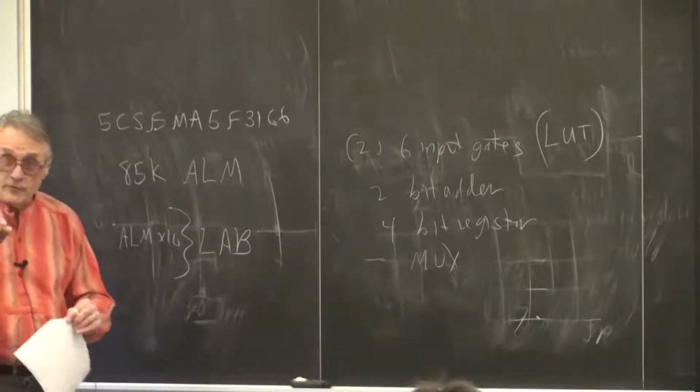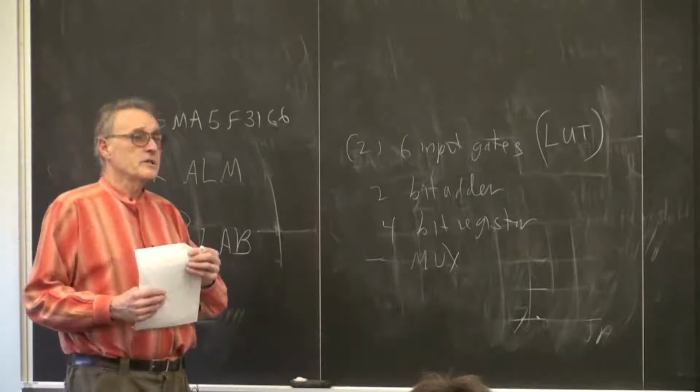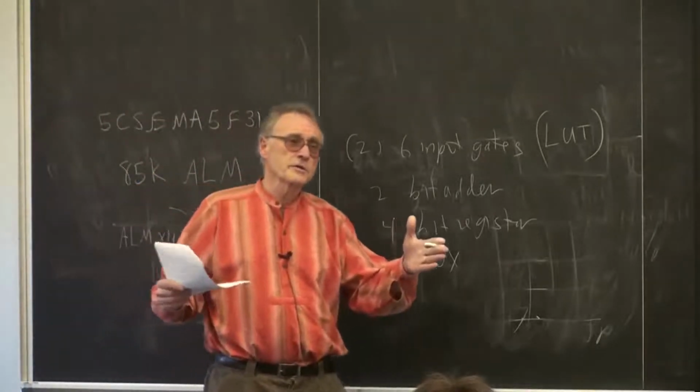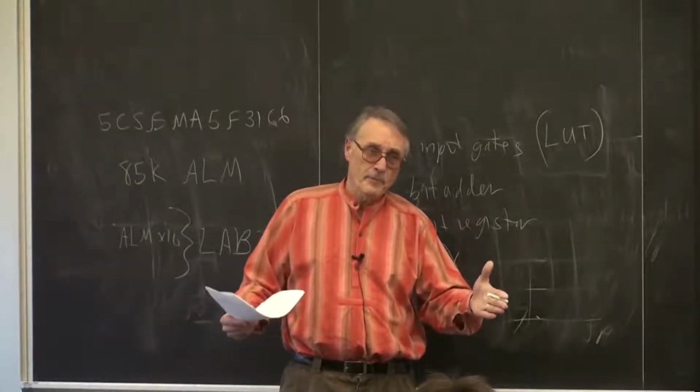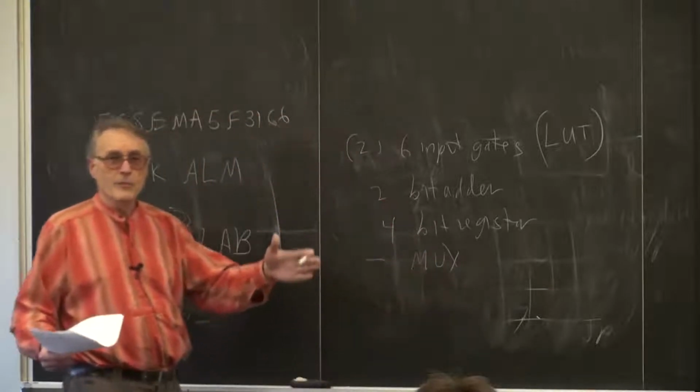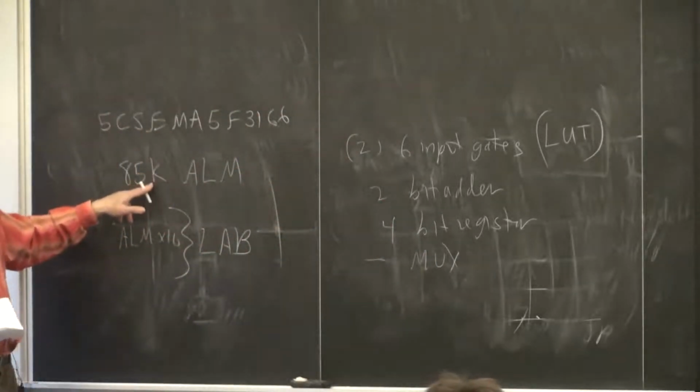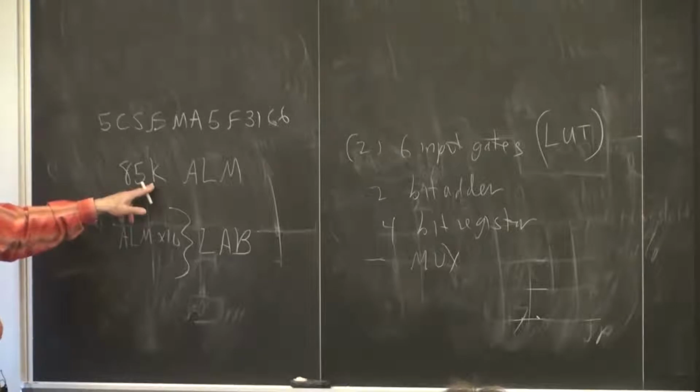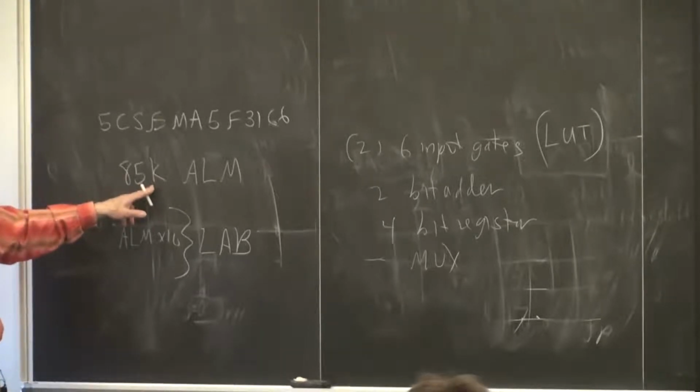chip. However, if you decide to use all registers for memory, you will run out of memory in about 85 kilobits. And that's not enough. It's only a couple of hundred nodes.